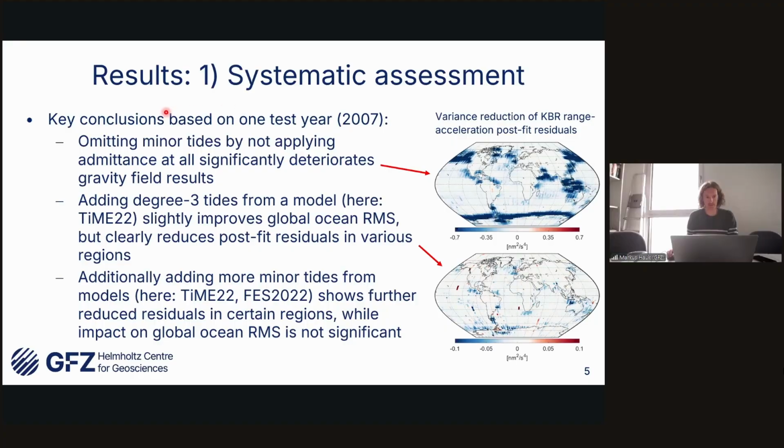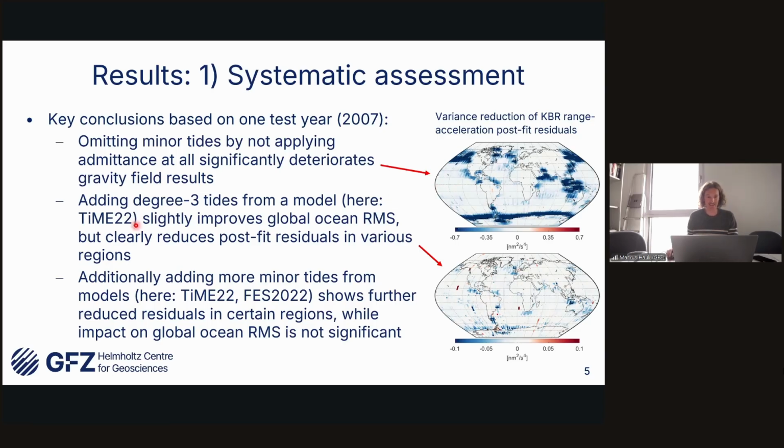The key conclusions, which are based on one test in this case, are that completely omitting minor tides is not a good idea. This is quite obvious, but this variance reduction plot shows that quite impressively.